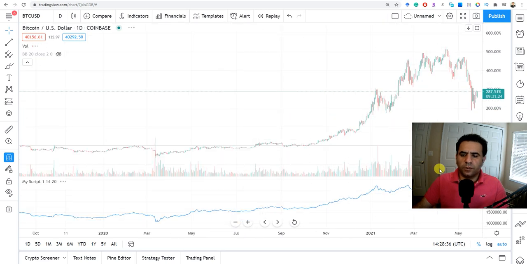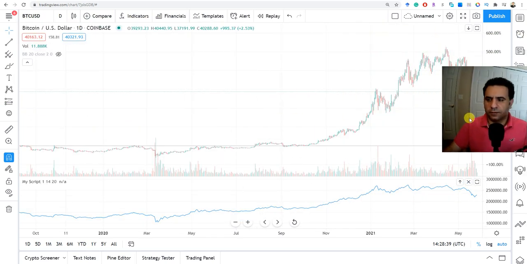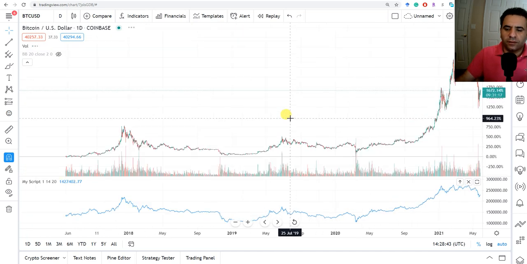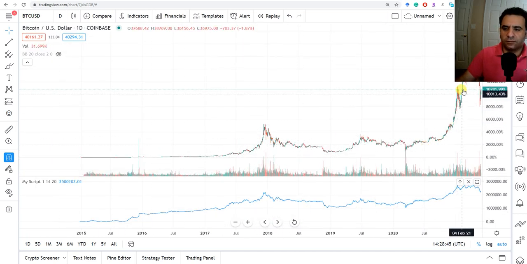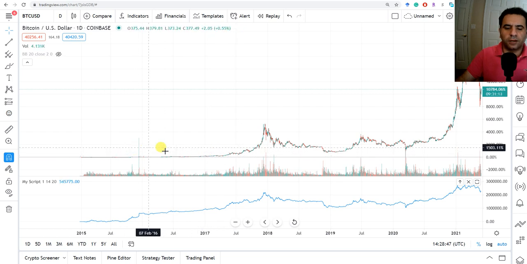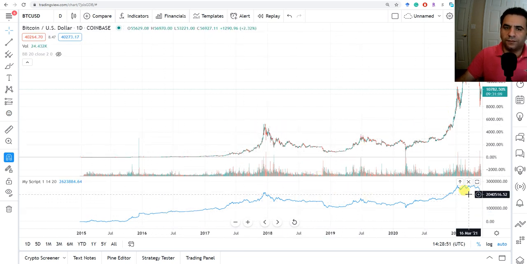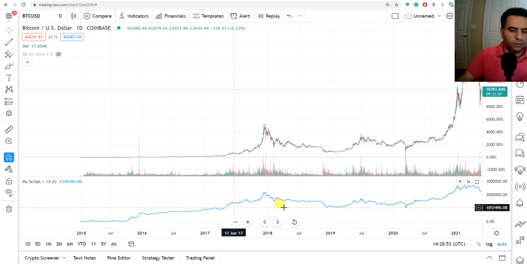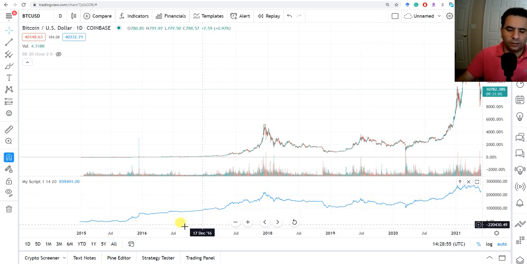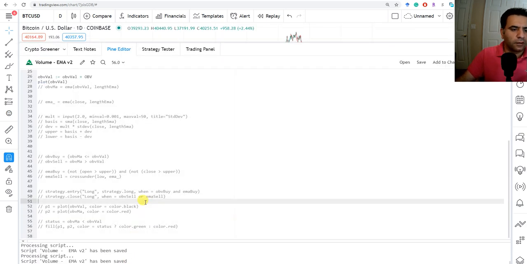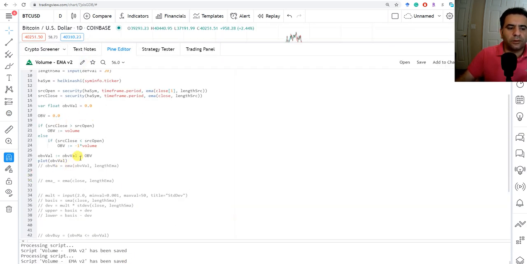So this is the OBV val. Let me put this one here, somewhere here. Okay. So this is the price chart itself, and here this is the OBV parameter, and it's changing during time, and it's an indicator. What else? We need to apply a moving average to smooth out the signal.